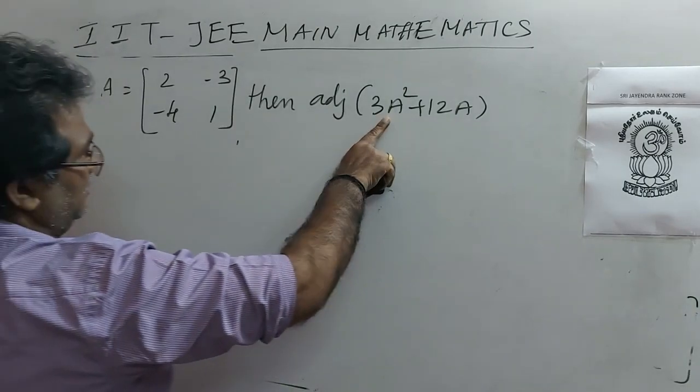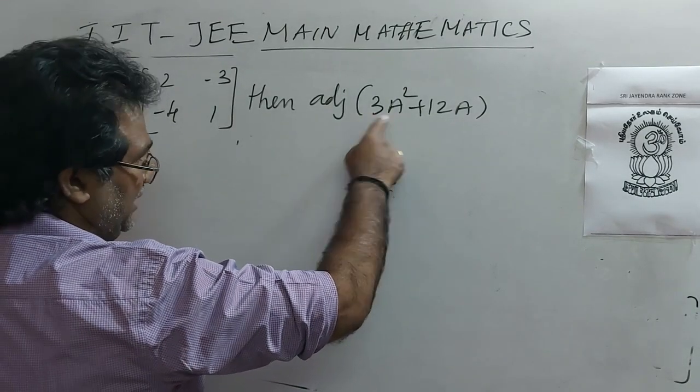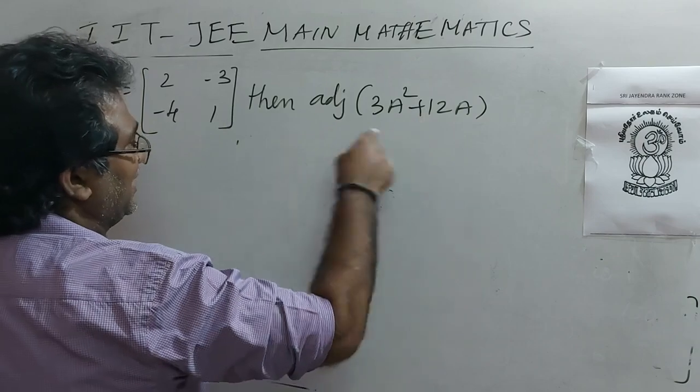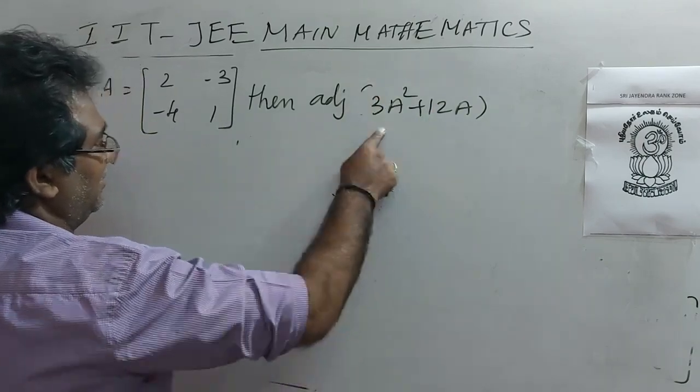So you have to find first A squared, 3A squared plus 12A, then you have to take the adjoint of the result you got there.